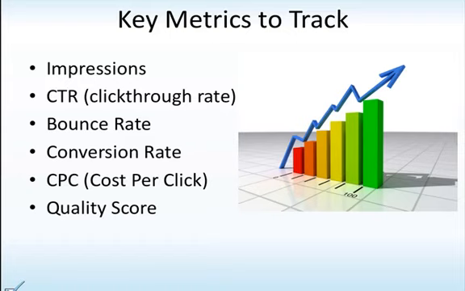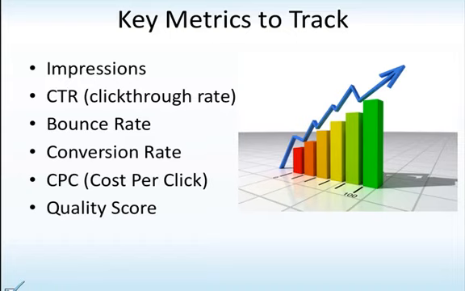Same as with email, it's the number of times your ad has actually been clicked on divided by the number of impressions above. Next comes bounce rate. That's the number of visitors viewing one page only, so they've gone to your landing page, divided by the total number of page entries. So that will measure how effective your landing page that's attached to your ad is.